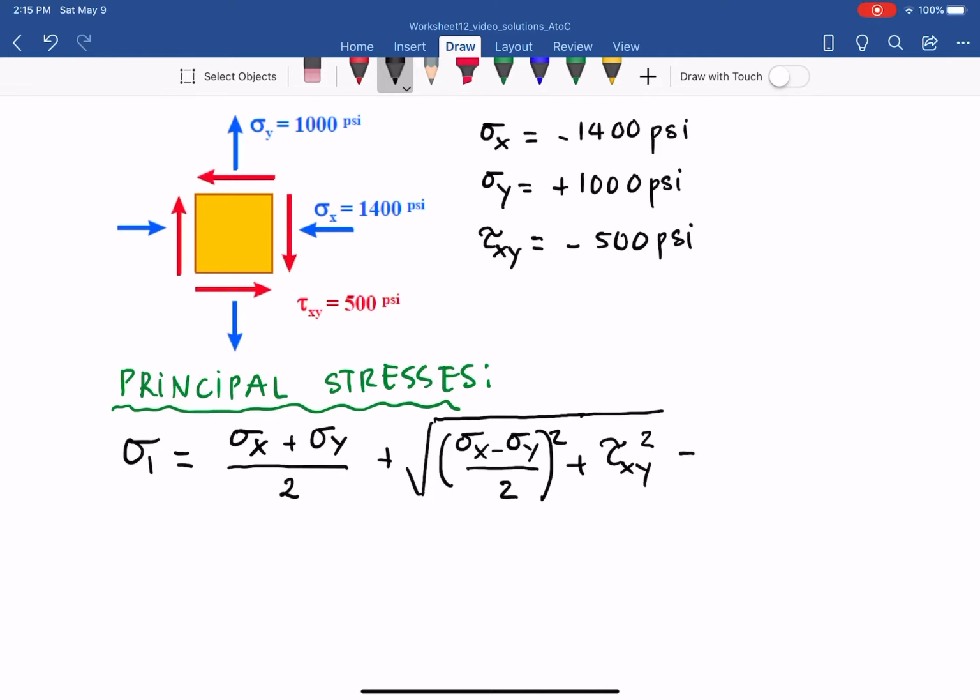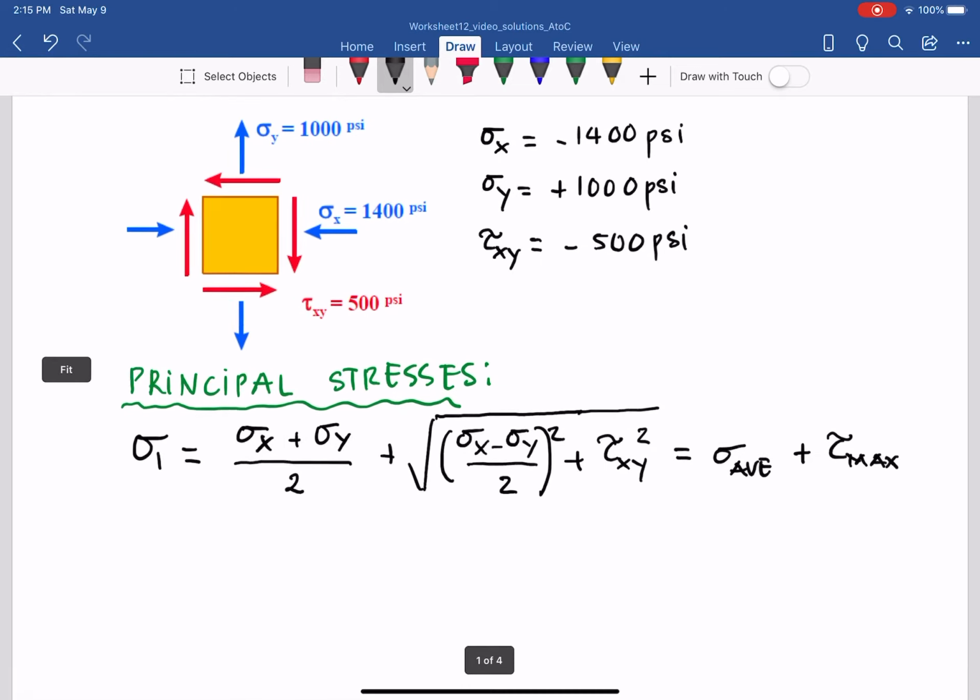So basically this is equal to sigma average plus tau max from the equation we have.